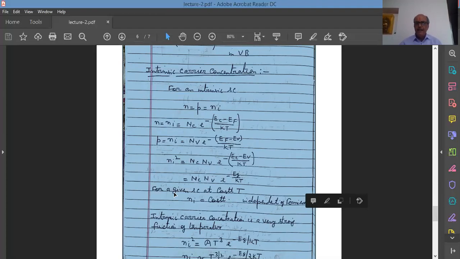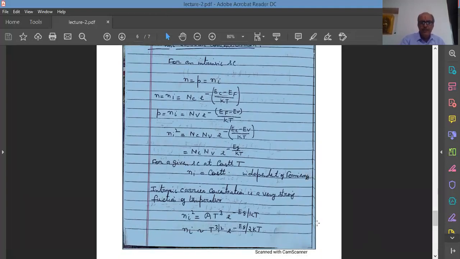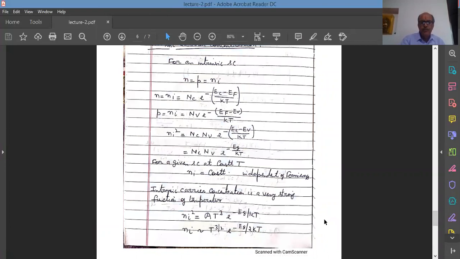It does not depend upon the Fermi level also, because Ef gets cancelled. So it is a constant, it is independent of Fermi level, but you have to remember it's a very strong function of temperature. And you will see later that Ni square is A T cube e to the power minus Eg upon Kt.